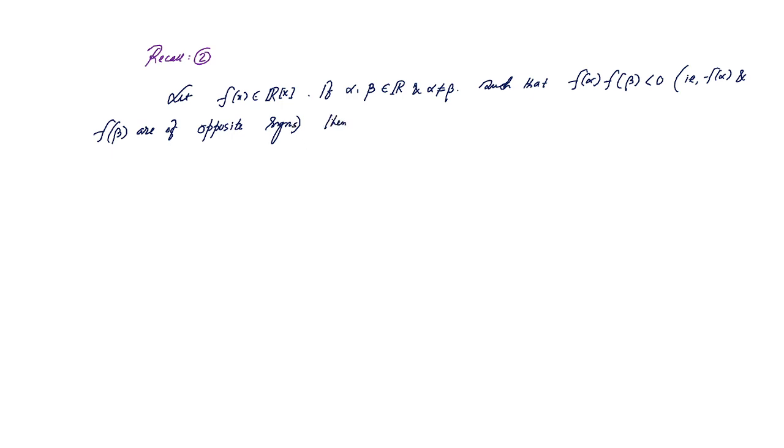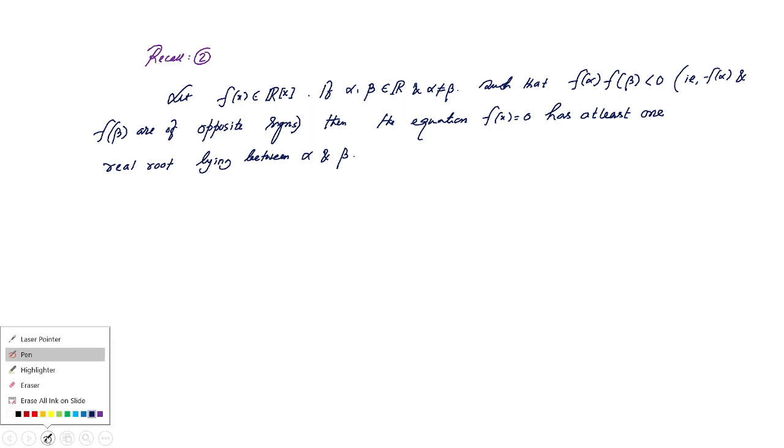Then the equation f(x) equals 0, the algebraic equation f(x) equals 0, has at least one real root lying between alpha and beta.